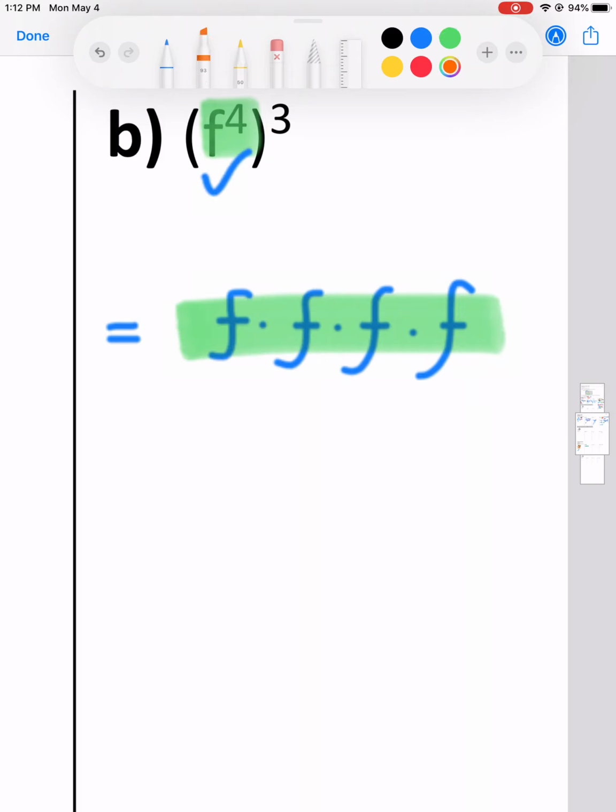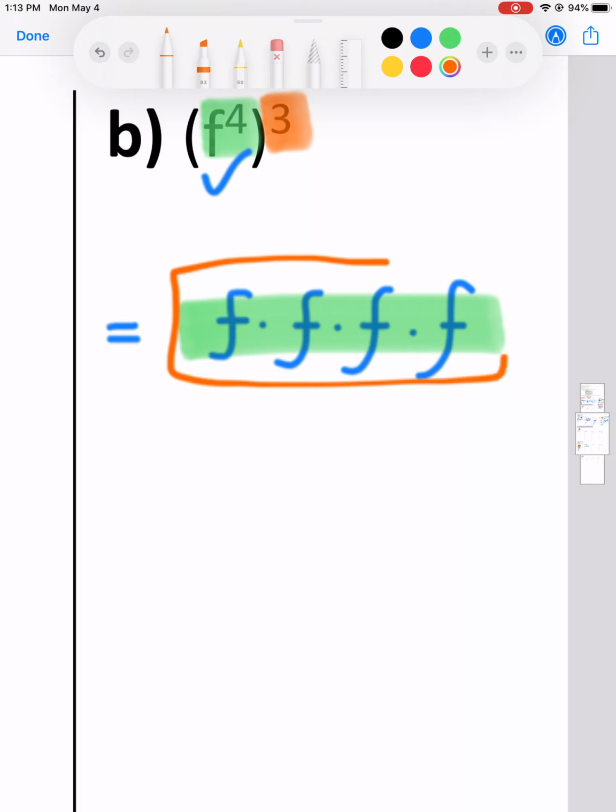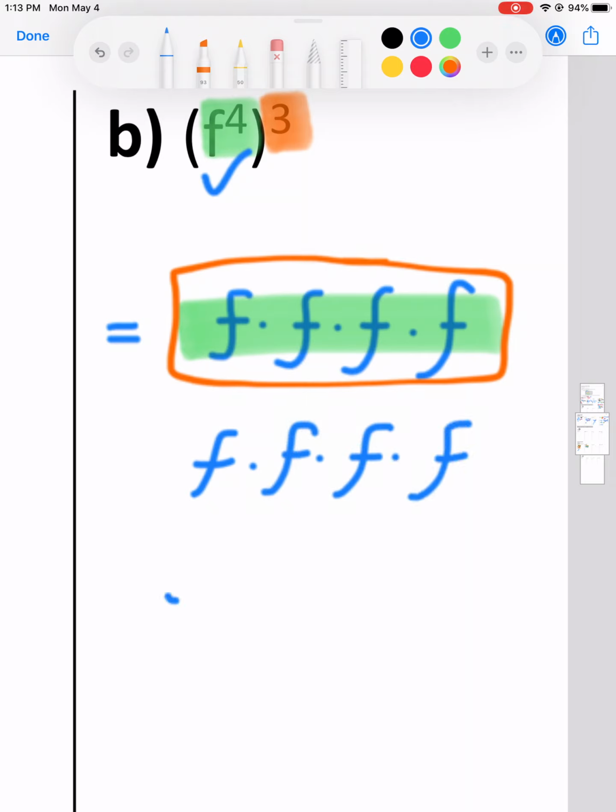But I have 3 of those sections. I have 3 of these. So now I have 1. I need 2 more sets. 1, 2, 3, 4. 1, 2, 3, 4.